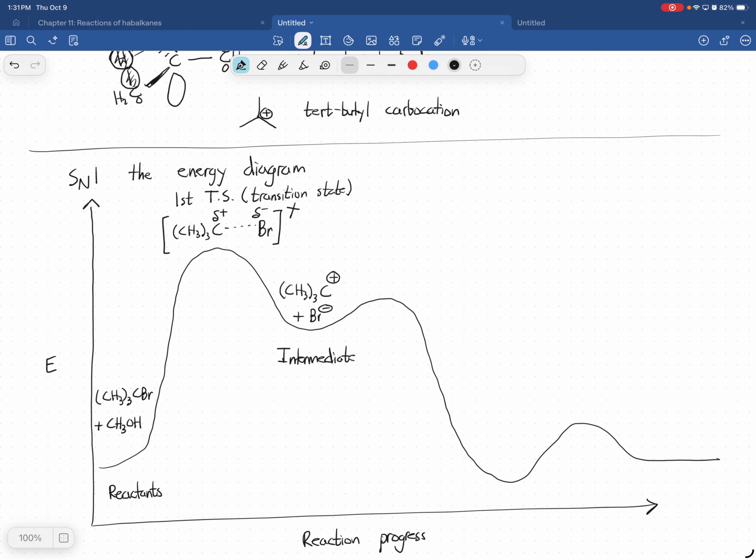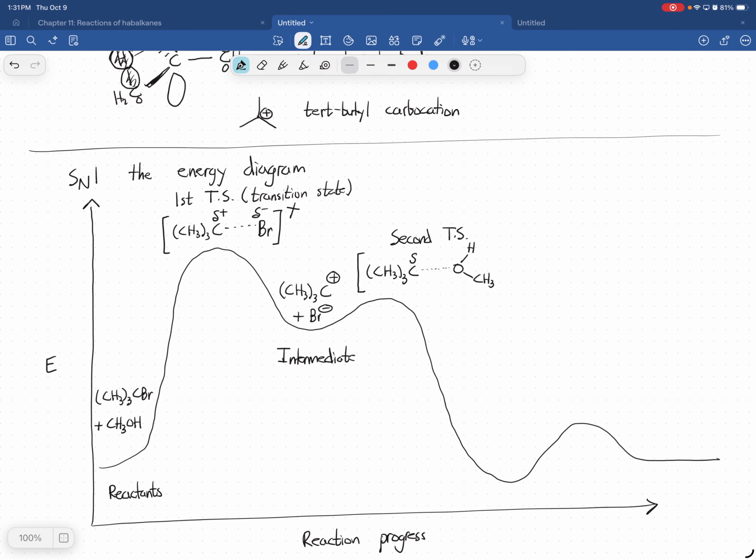Now we reach the second transition state, my second TS. On this peak, the carbocation is going to be forming a bond with HOCH3.